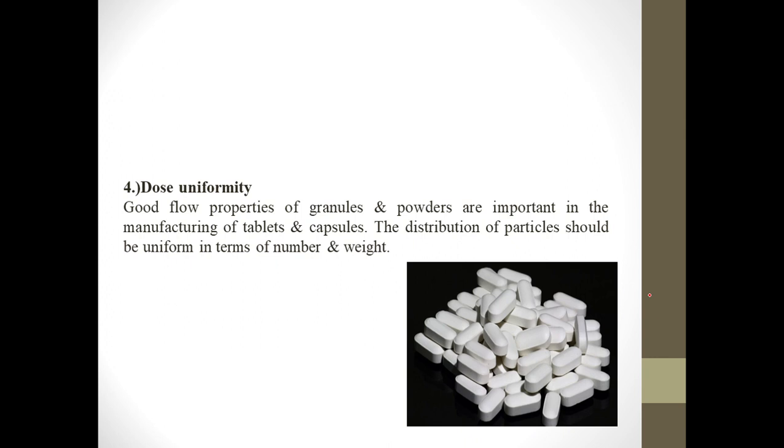The particle size of the powders, the drugs and the excipients which we are using to fill the capsules, or to make the granules to be punched into tablets, should be uniform. Uniformity is the most important requirement for these things.